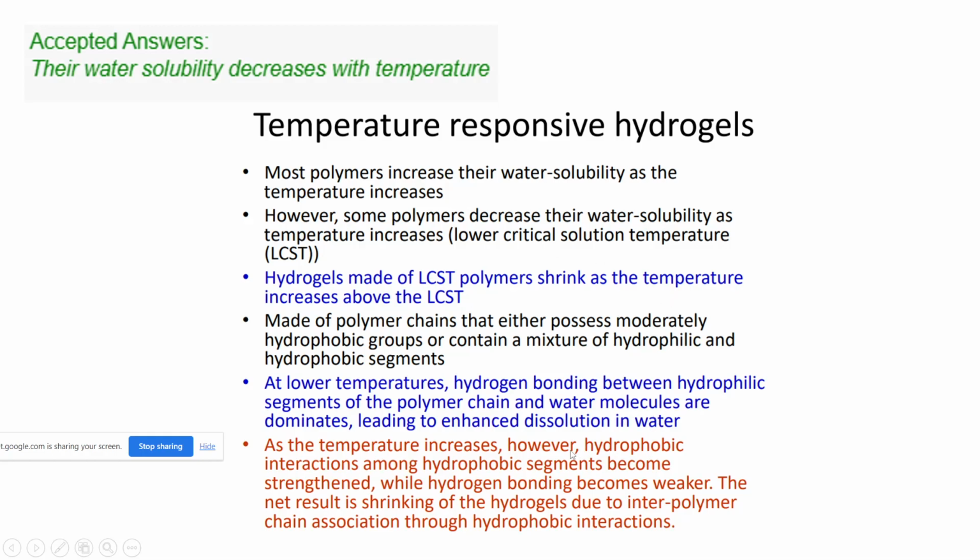Above this temperature, hydrophobic interactions are more prevalent and hydrogen bonding becomes weaker, making them less dissolved in water at a temperature above the LCST. So their solubility decreases with increasing temperature because of increasing hydrophobic interactions.